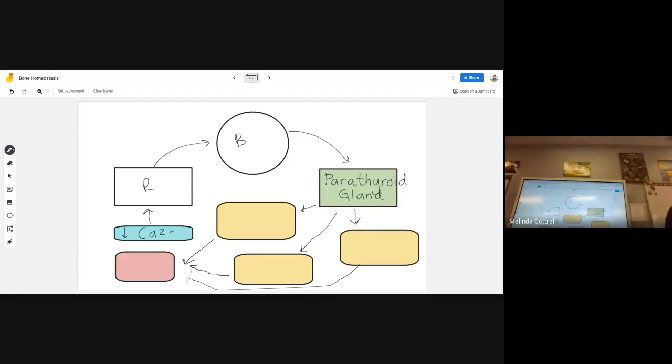And that parathyroid gland, as the book says, is going to release the parathyroid hormone. So I'm just going to put the hormone right here, parathyroid hormone.